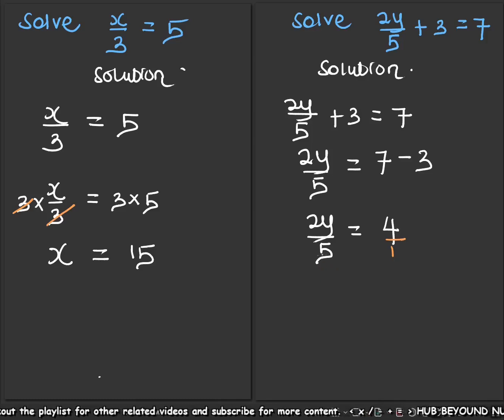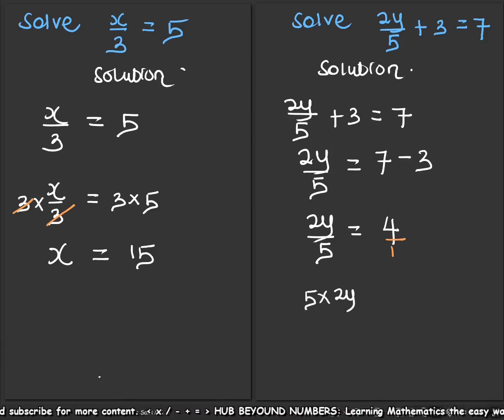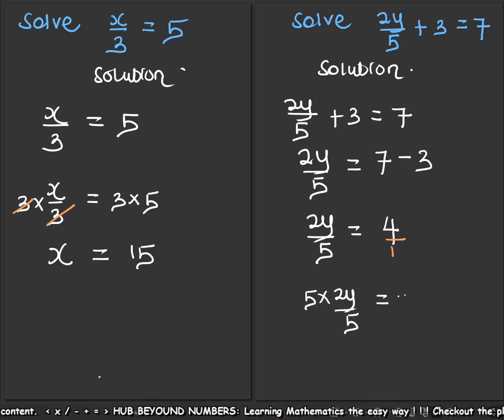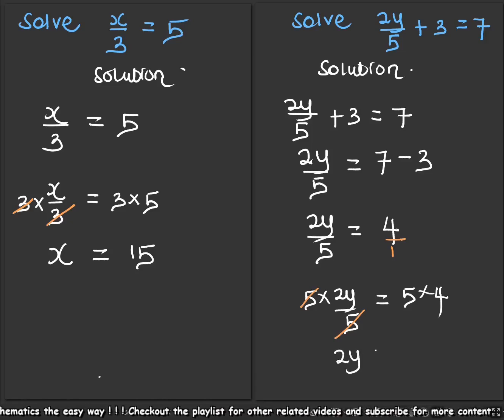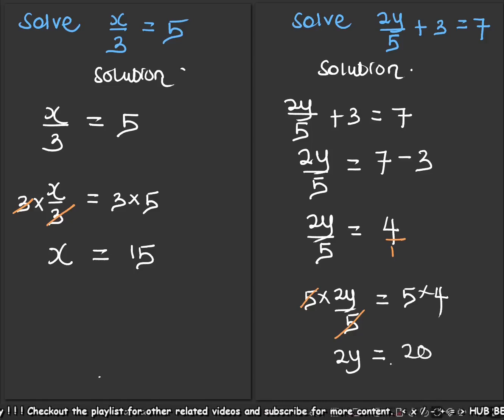Now the LCM of 5 and 1 gives us 5. So we multiply the right hand side by 5 and also do the same to the left hand side. So 5 times 4. And that simply means this 5 here takes out this 5, and we'll be left with 2y being equal to 5 times 4, which gives us 20.